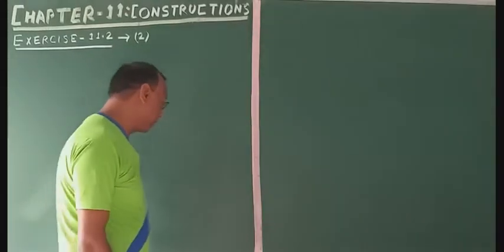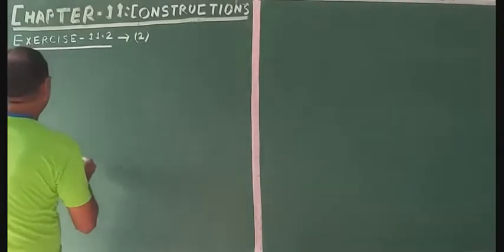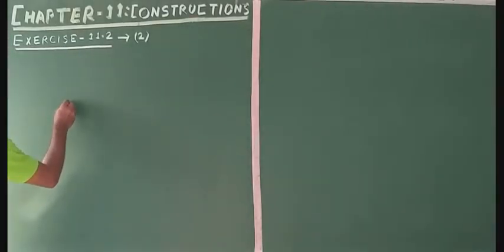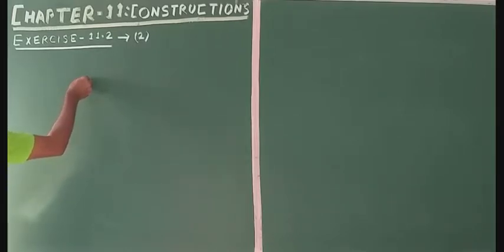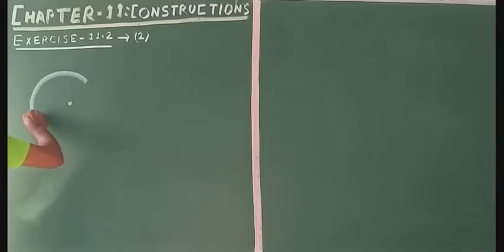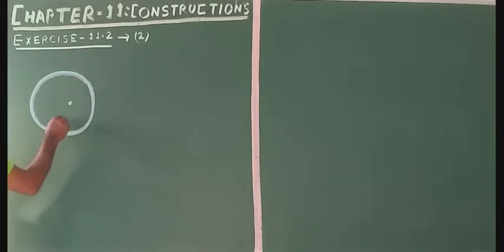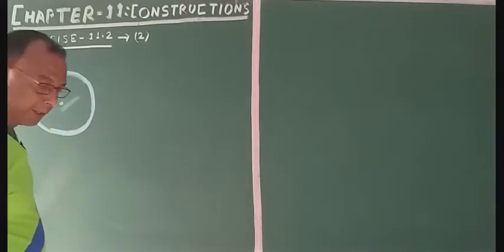So just look here, what is this question? We have two concentric circles. Concentric circle means they have the same center but different radii. Suppose this is one circle, its radius is given 4 centimeter.